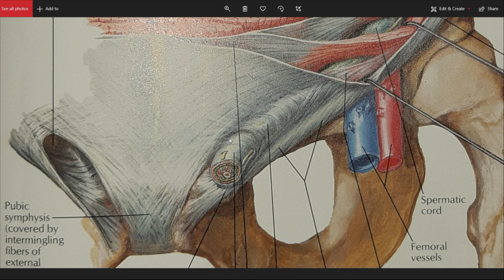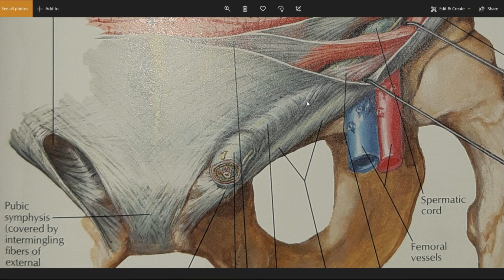From internally to externally: the internal spermatic fascia, the cremasteric fascia, the external spermatic fascia. I, C, E, that is ICE. You can use this abbreviation as a mnemonic. I stands for internal spermatic fascia, C stands for cremasteric fascia, and E stands for external spermatic fascia.